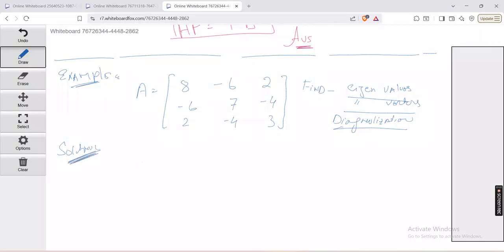Solution, your eigenvalues are this one. Let me write for you. So once you solve it, compare it.